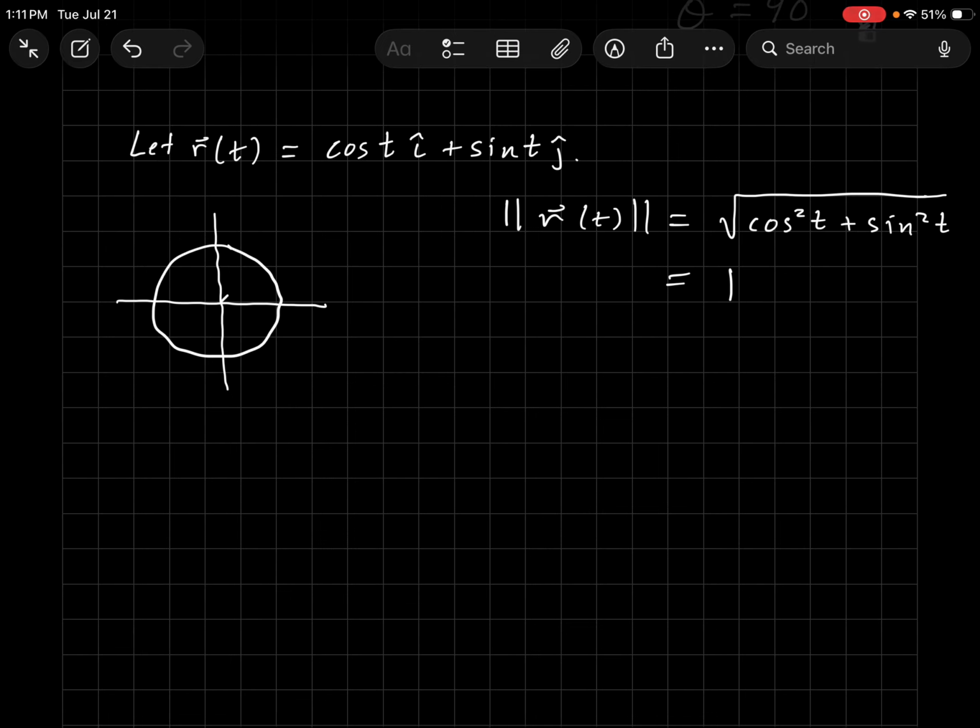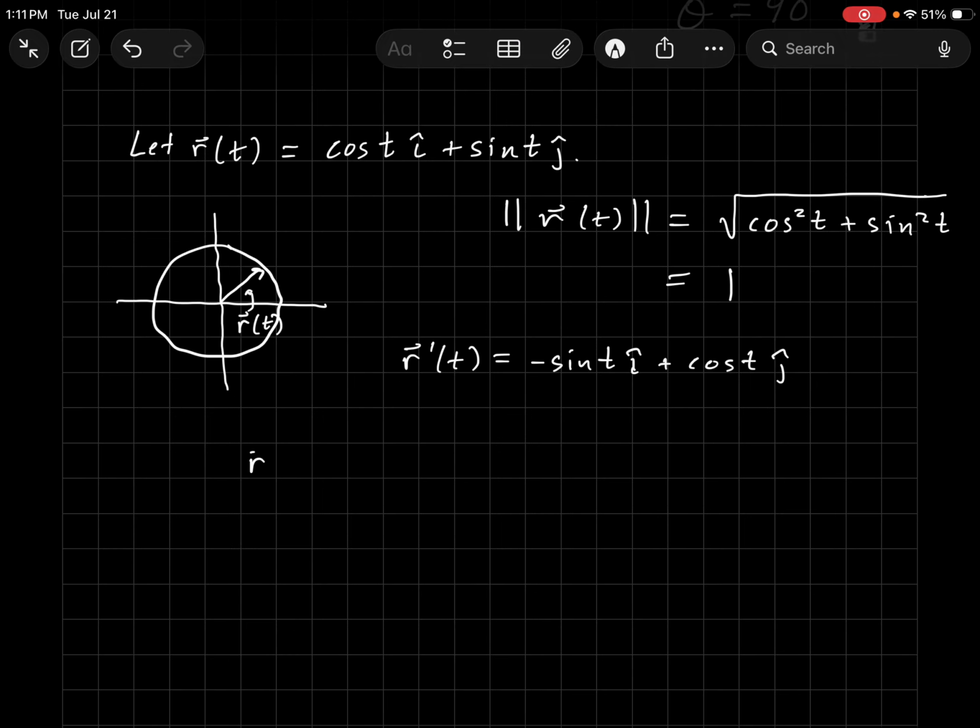So I'm going to draw just a representative vector r. And then r prime of t is going to be negative sine of t i plus cosine of t j.